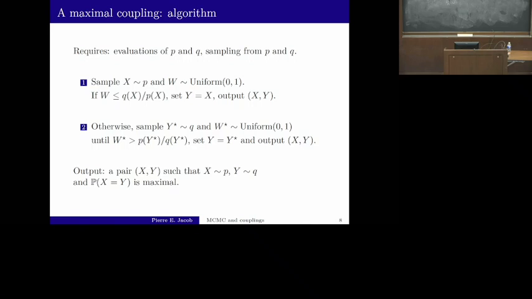There's a draw from P and there's a draw from a uniform. So that's giving us a double integral, where we have that W was less than Q of X divided by P of X. And then there's a dW, because that's the uniform density, just one. And then there's a P of X dx.